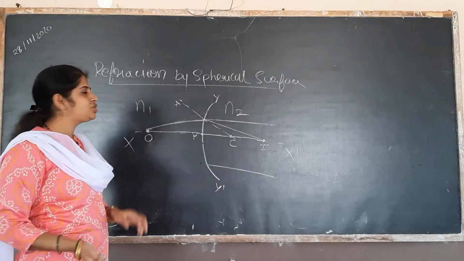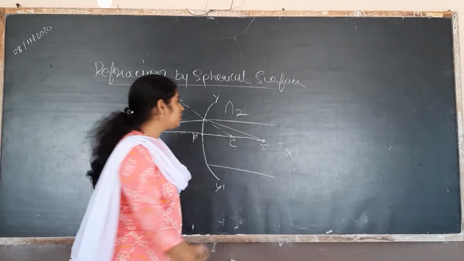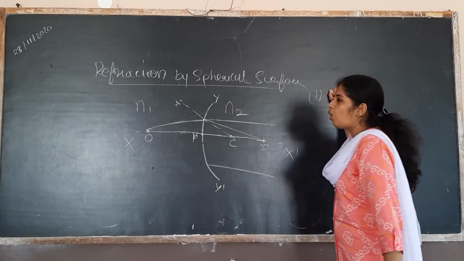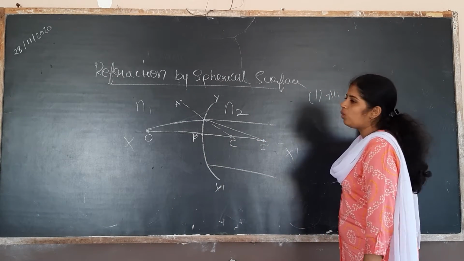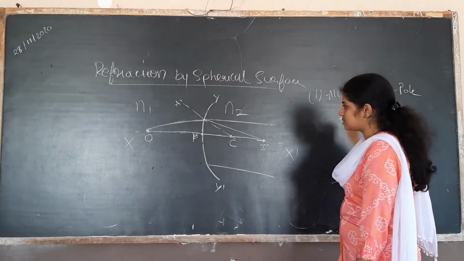As you know, the Cartesian sign convention rule: all distances should be measured from the pole. From the pole only you should measure the distance.